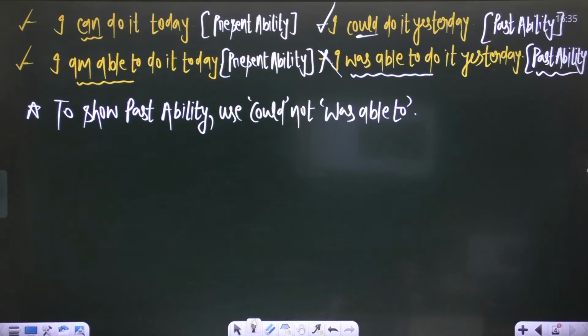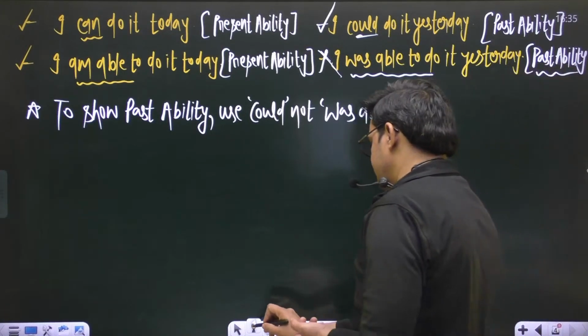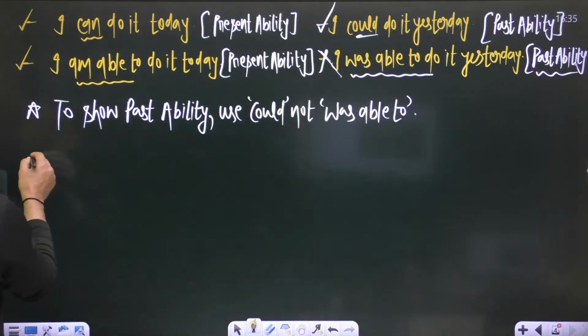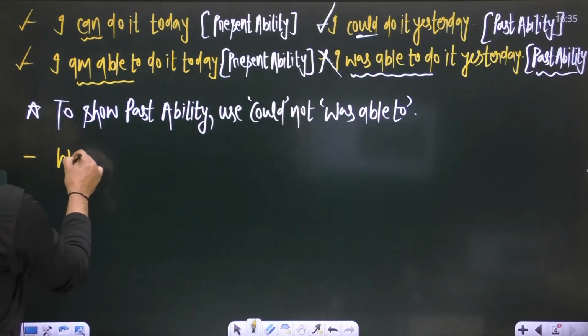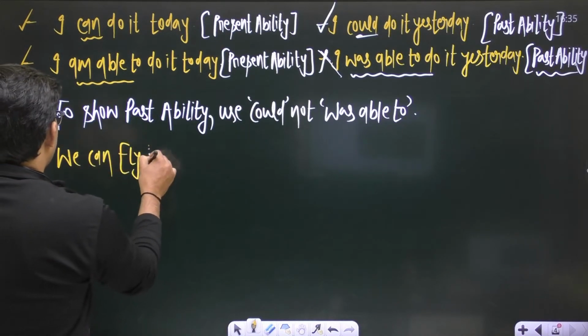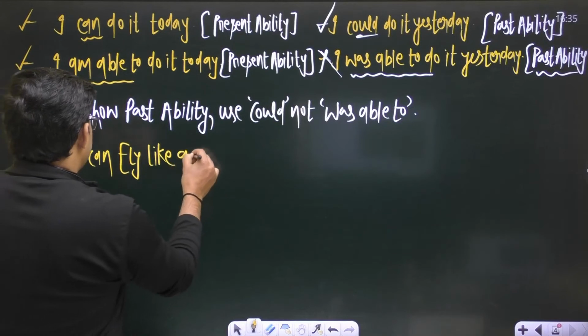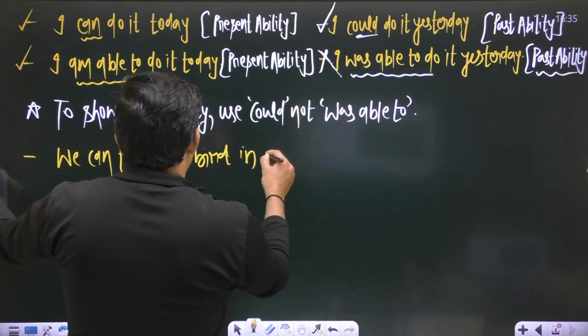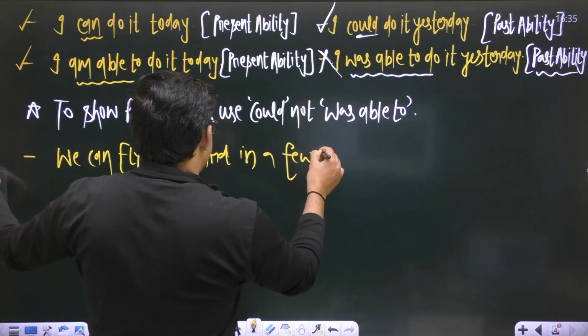Okay, let us move to the next sentence. The next sentence is, we can fly like a bird in a few years.